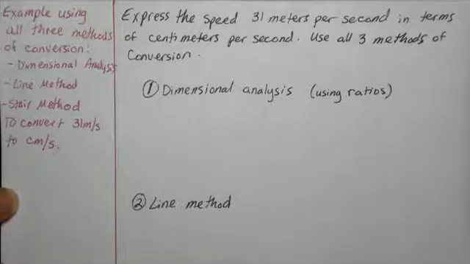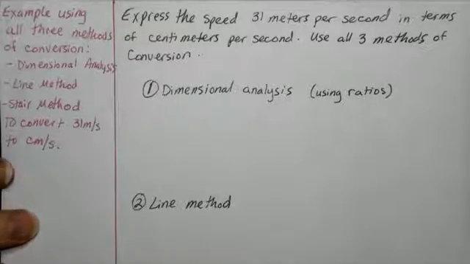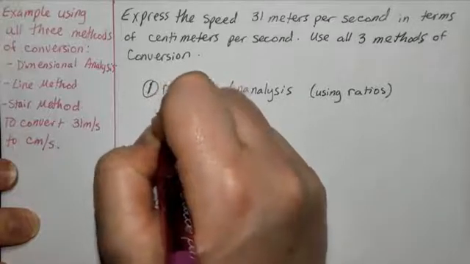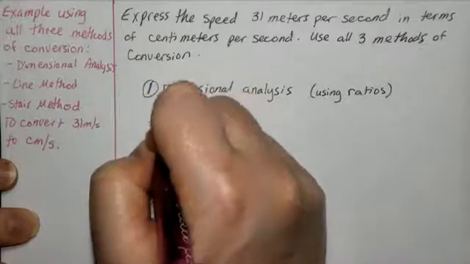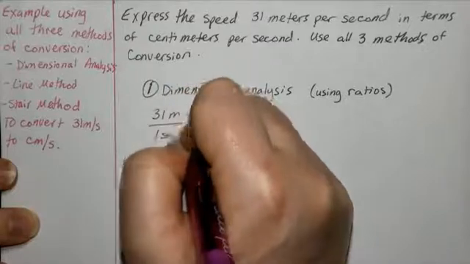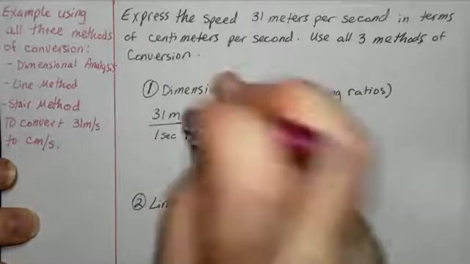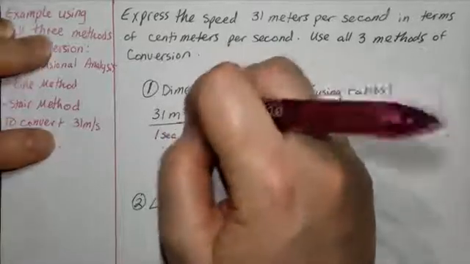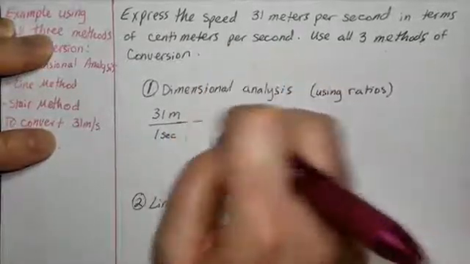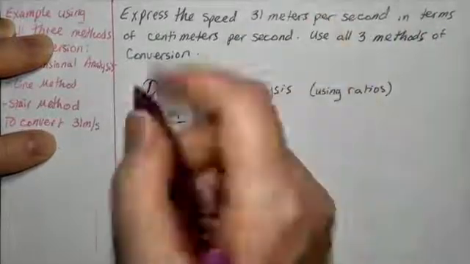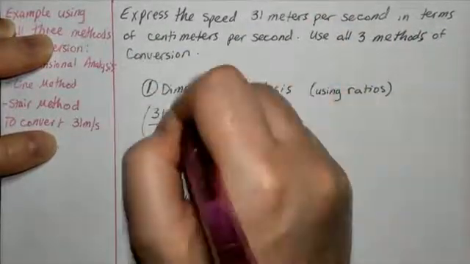So the first step, dimensional analysis by using ratios. We're going to start with 31 meters per 1 second. And then we're going to set up our dimensional analysis table. You guys are probably going to prefer to use parentheses because you are 8th grade.